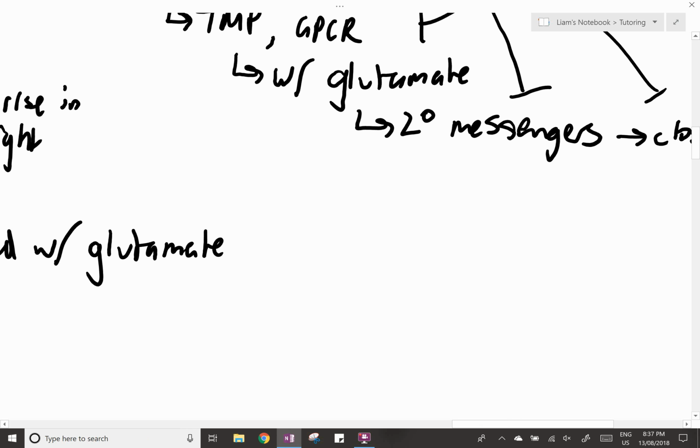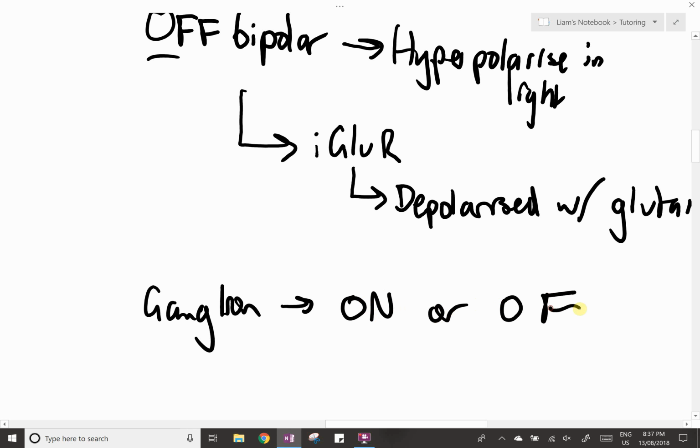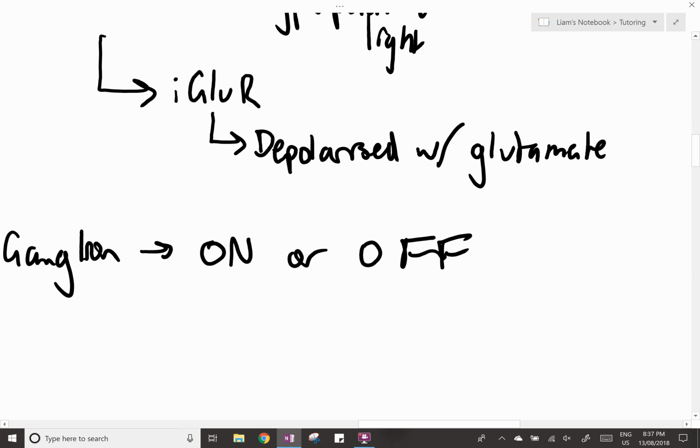And similarly to the bipolar cells, our ganglion cells can be on or off. Same kind of thing. On ganglion cells will fire an action potential when light is present. Off ganglion cells will not fire an action potential when light is present.